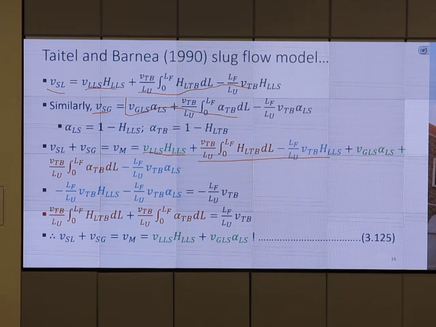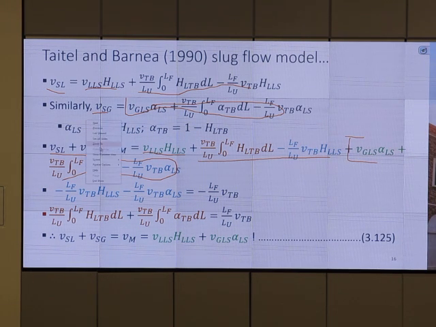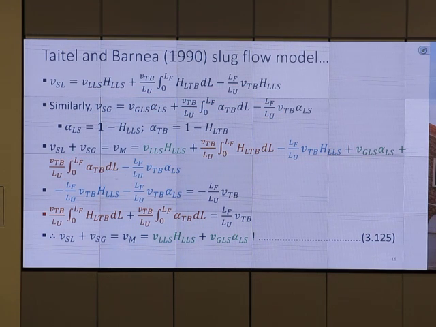Put everything from the second equation to this part. Okay? Add them together. Then the blue part, I take this blue part and I show you that when we add HLLS and alpha LS together, it's equal to 1. Right? So it's equal to this. The red part, I show you that we have H and alpha, add them together, is equal to 1.